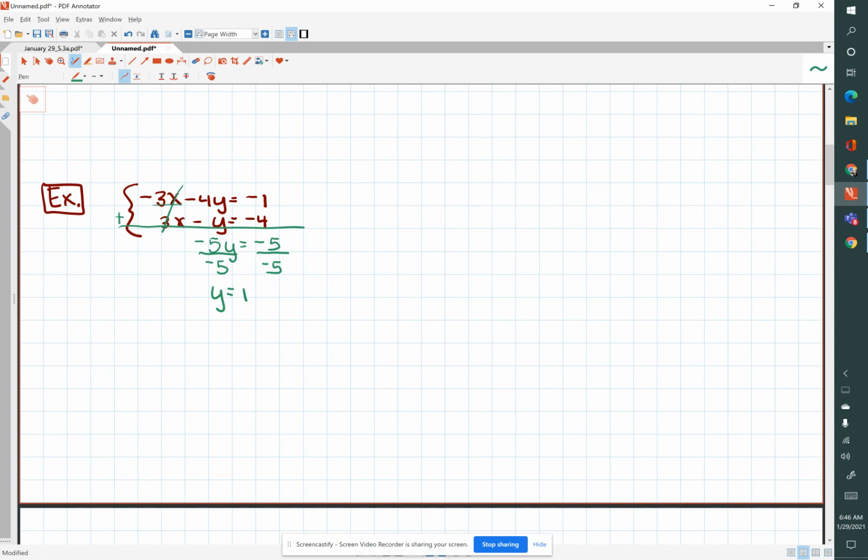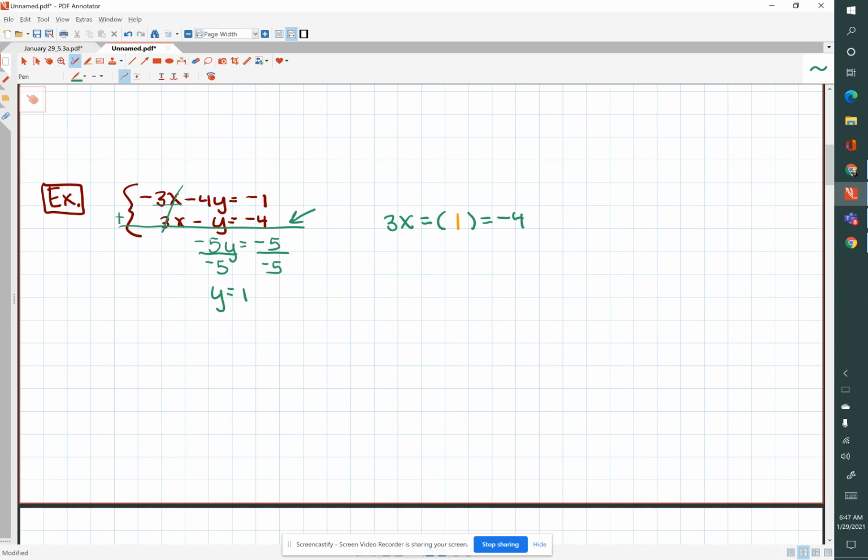Now I'm just going to insert 1 into one of these equations, and I think I'll use the second equation. Just looks easier. So 3x equals, okay, so I'm going to substitute 1 where y was. So finish writing the equation.